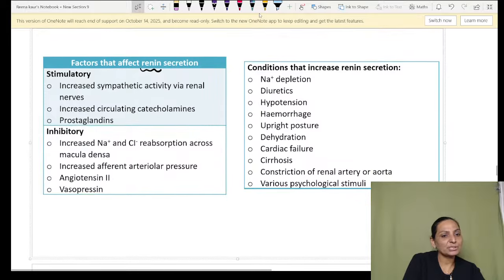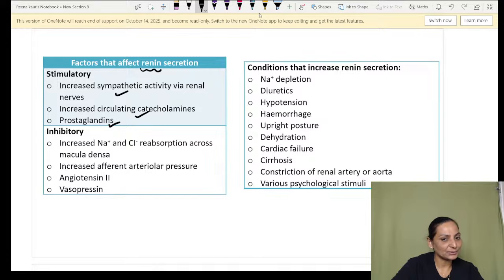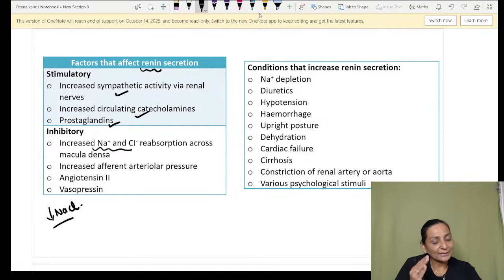The most important stimuli for renin secretion are prostaglandins, increase in sympathetic activity, and catecholamines. Renin secretion is inhibited when there is an increase in NaCl delivery to the macula densa. Whenever there is a decrease in NaCl delivery to the macula densa, it senses that the NaCl is less and signals the juxtaglomerular cells to secrete renin.